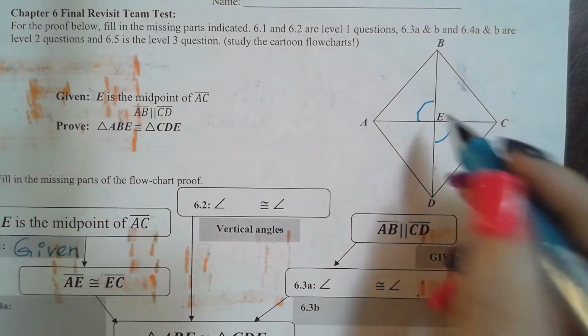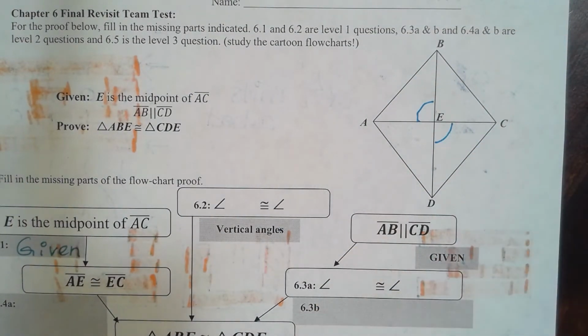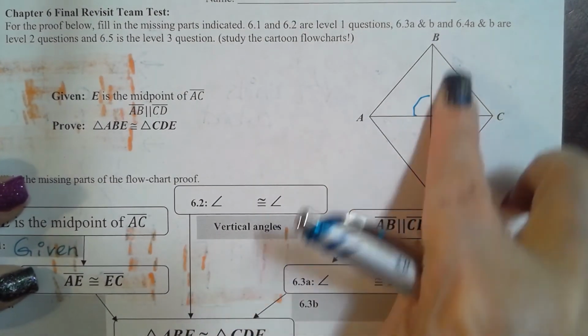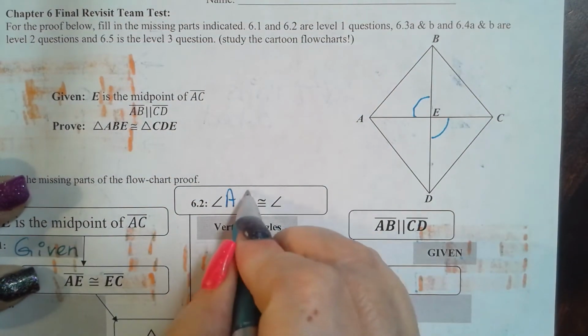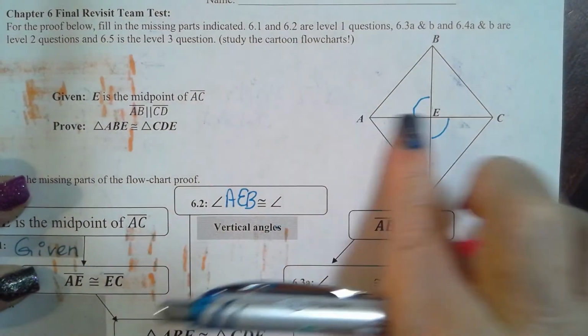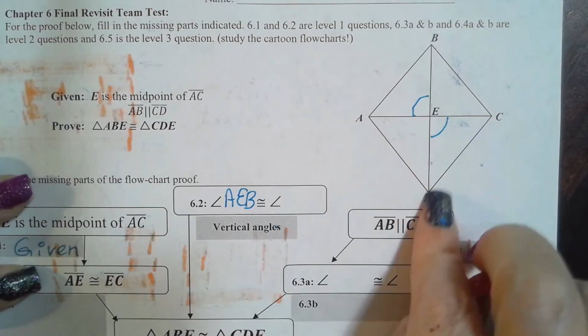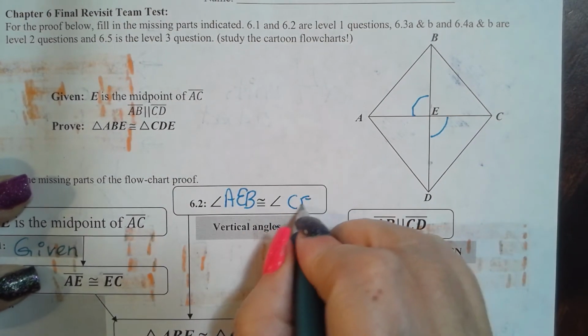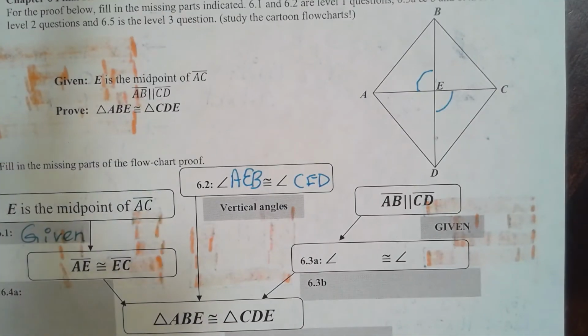Now that I've marked them, I want to name them out, and I must use 3 letters. So I'm going to trace it out. A, E, B, and write that here. A, E, B. And then I'm going to trace this one out. C, E, D. So if you can get that, now you have 70% on this test.